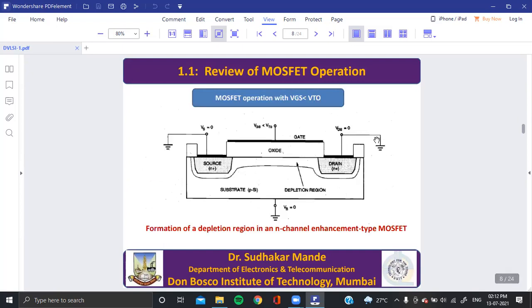Now MOSFET operation. MOSFET acts as switch. Switch means to turn on and turn off. Basically, it connects source and drain together.